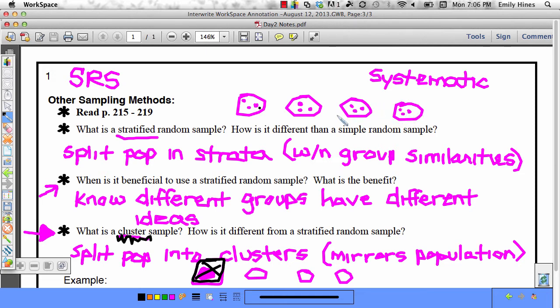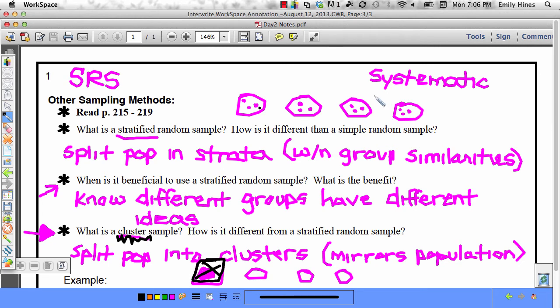I randomly sample a couple of every different type of ingredient. That is stratified. So if you get confused between stratified and cluster, since they both talk about splitting into groups, think, what type of salad am I eating? Stratified is a salad bar. Clustered is like a prepared salad. Okay, those are the two AP topics.